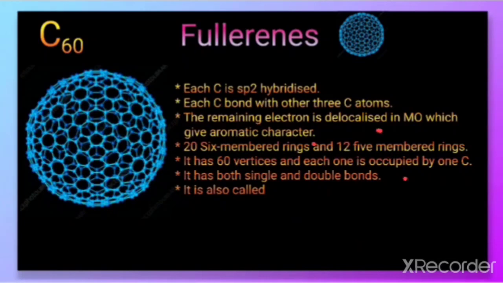It has 60 vertices and each one is occupied by 1 carbon. That's why it is called C60, because of the 60 carbon atoms. Here it has both single and double bonds and it is also called buckyballs. Its structure looks similar to a soccer ball and these are also called buckyballs.